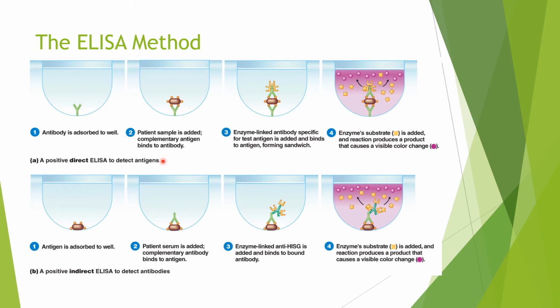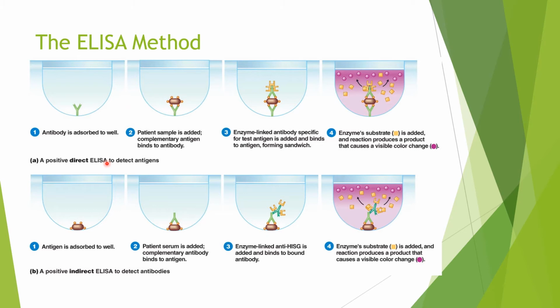Again, foreign microorganisms, we refer to them as foreign antigens. So when you see the words detect antigens, you can think of basically a bacterial infection. So the positive direct ELISA is going to confirm whether you have that bacterial infection.